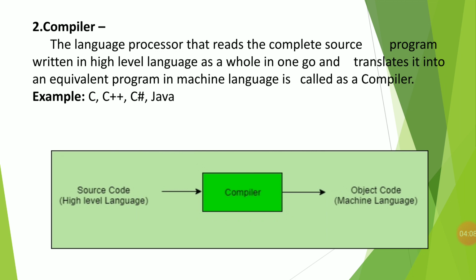A compiler is not needed in memory after compilation. Execution with a compiler is faster. For example, C, C++, C#, Java, etc. Now if you observe this figure, source code in high level language goes through the compiler, and the compiler converts that source code into machine code or machine language, that is called object code.